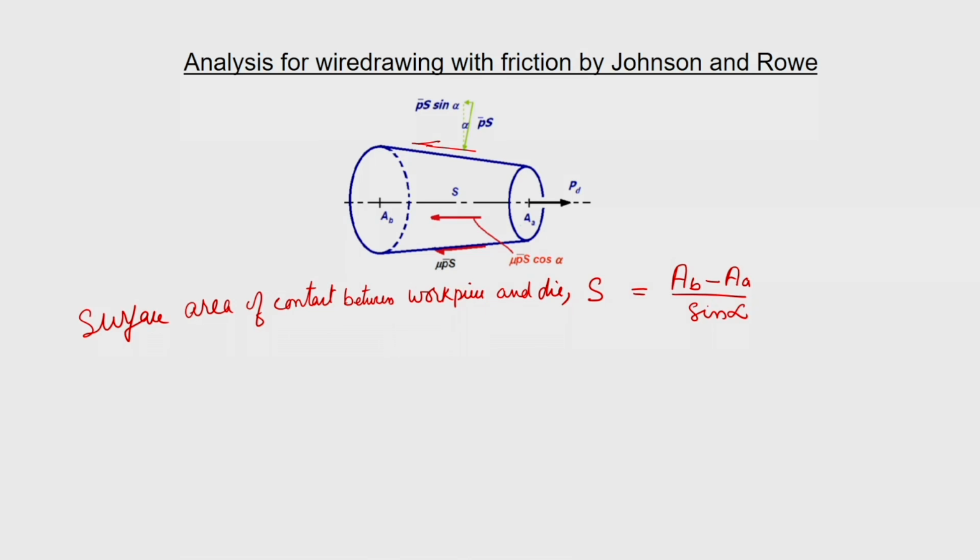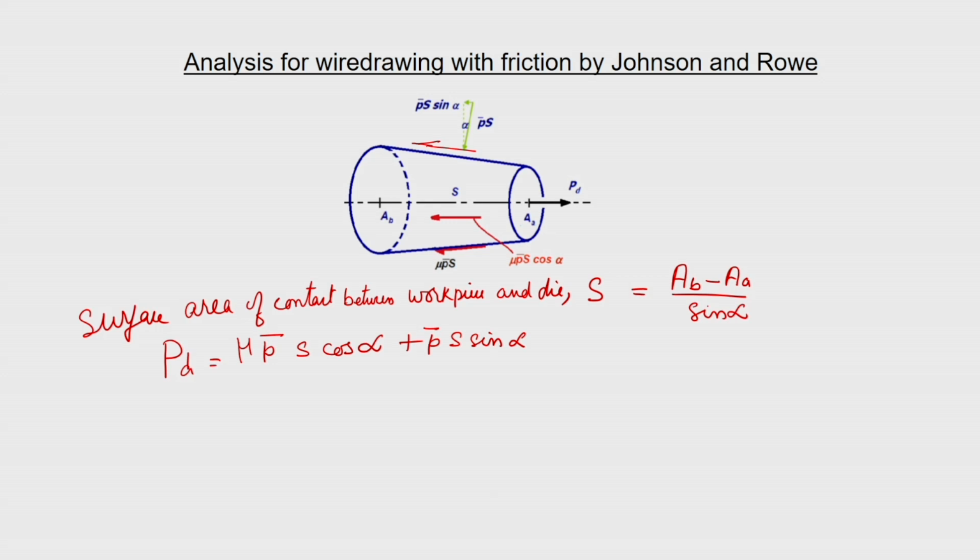So, if you just draw the balancing of horizontal components of the frictional force and the normal force, you have to do only this. Just balance it: P d is equal to the horizontal component of your frictional force and your die pressure, okay, normal pressure. So, we can write it in this way: P d is equal to mu P dash S cos alpha plus P dash S sin alpha, where P dash is the normal pressure which is shown.